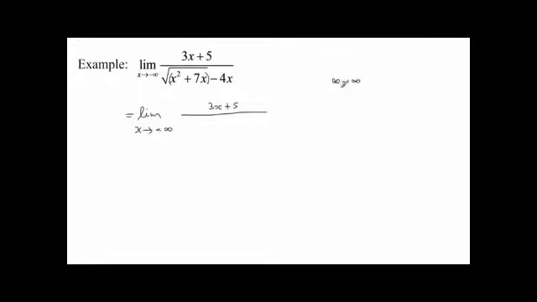I hope you notice that when you get this kind of thing in the denominator, we'll also have some kind of infinity in the numerator, which means the whole rational expression here is not a defined entity.